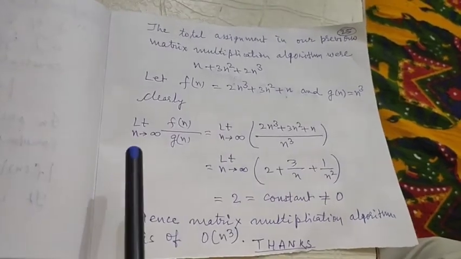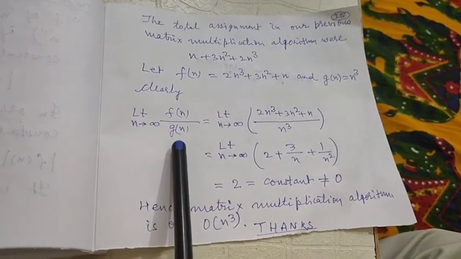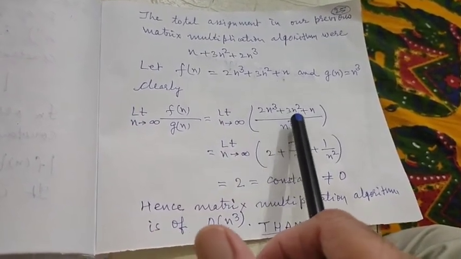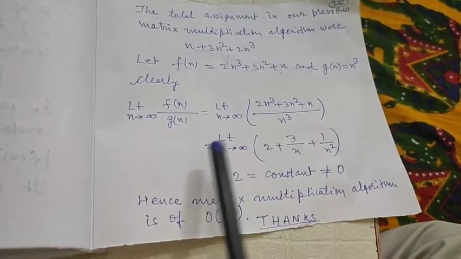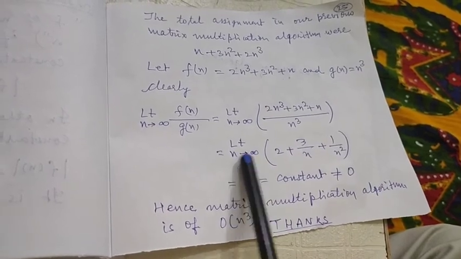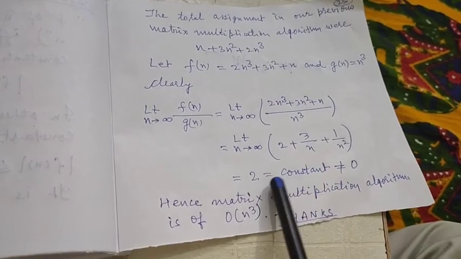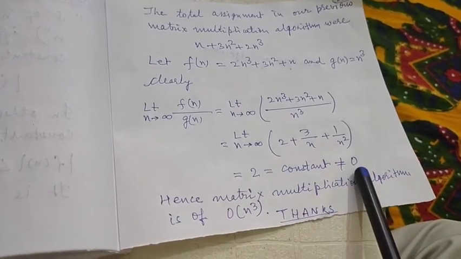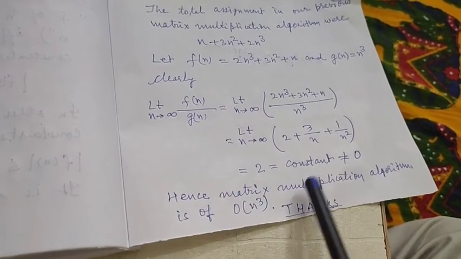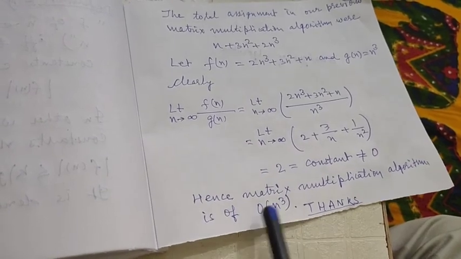Clearly, as n tends to infinity, f(n) upon g(n) is the limit as n tends to infinity of 2n cube plus 3n square plus n upon n cube, which is the limit of 2 plus these terms, equal to 2, which is a constant not equal to 0. Hence, the matrix multiplication algorithm is of order of n cube.